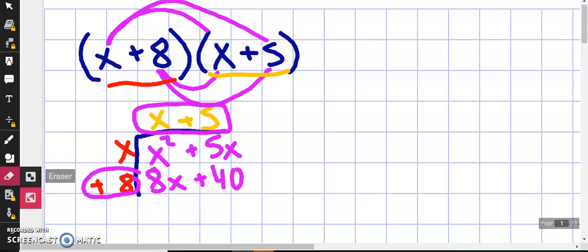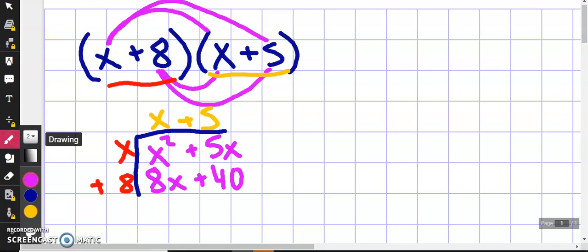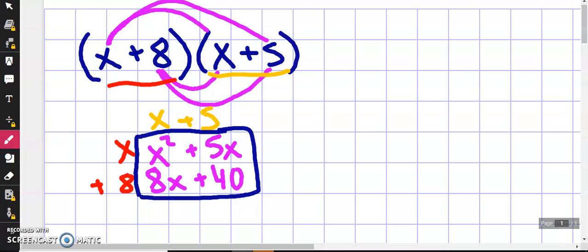And so what I should notice now is that the inside of my box forms something similar to what we did in the previous video. So to simplify this, I will simply combine my like terms. The x squared does not match with any other terms, so my x squared will come out.